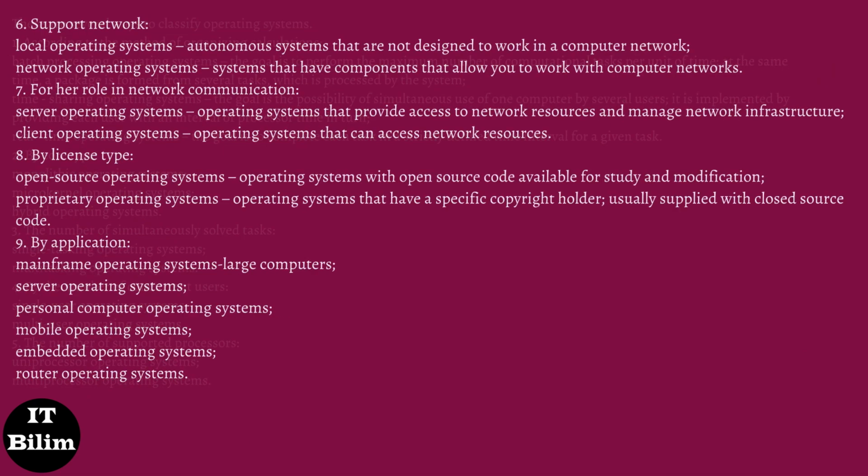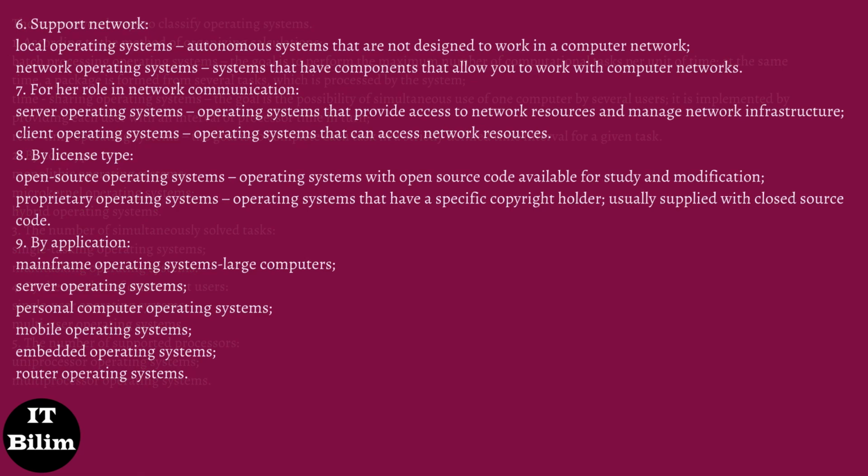6. Network support. Local operating systems, autonomous systems that are not designed to work in a computer network. Network operating systems, systems that have components that allow you to work with computer networks. 7. By role in network communication. Server operating systems that provide access to network resources and manage network infrastructure.